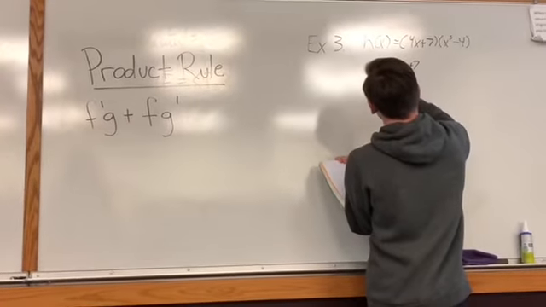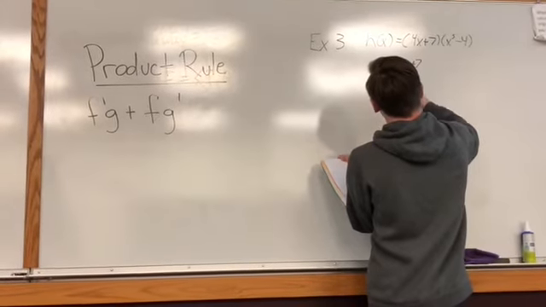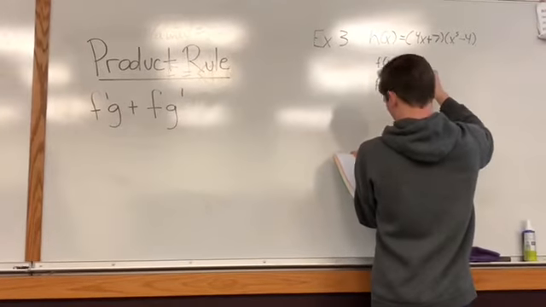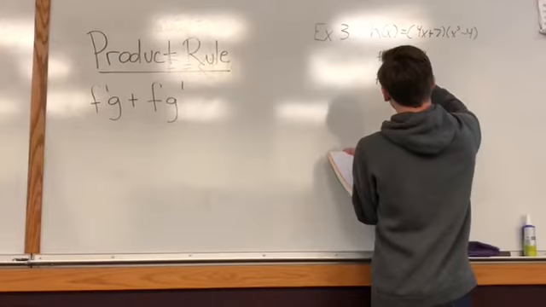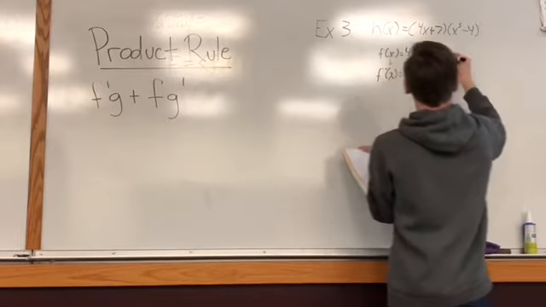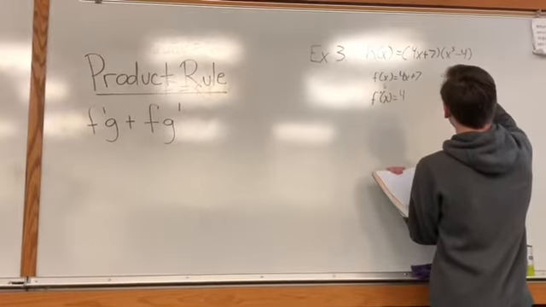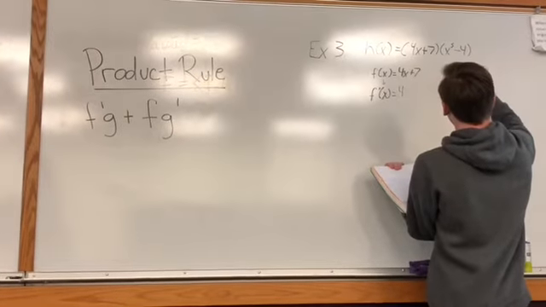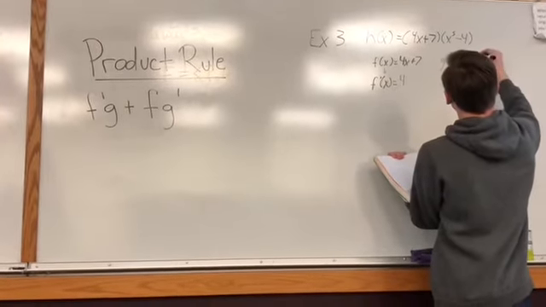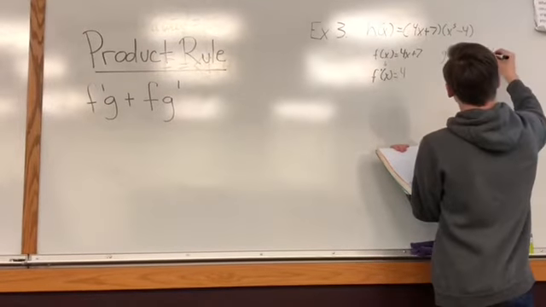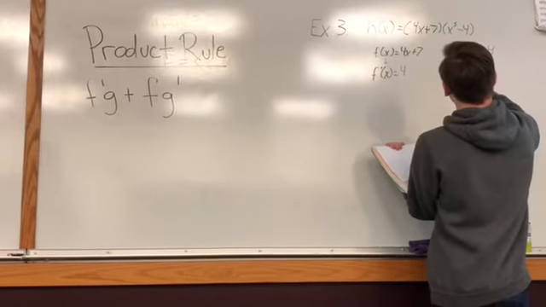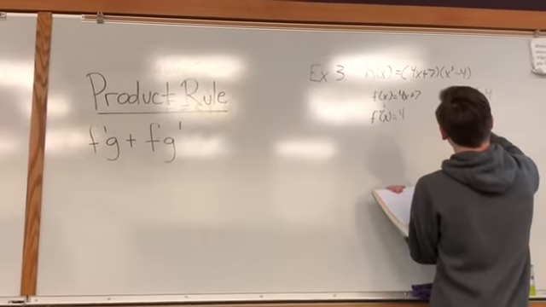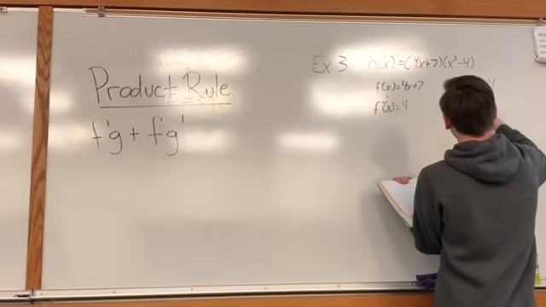So our first step is to write down f of x, which is 4x plus 7, and the f prime of x is 4, and g of x is x to the 5th minus 4, and the derivative of that will simply be 5x to the 4th power.